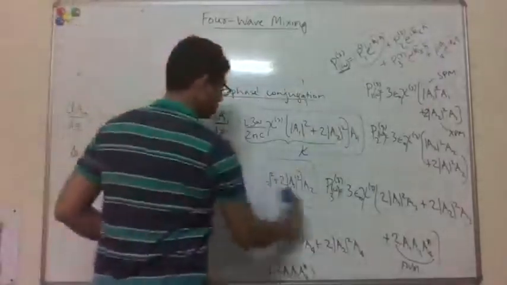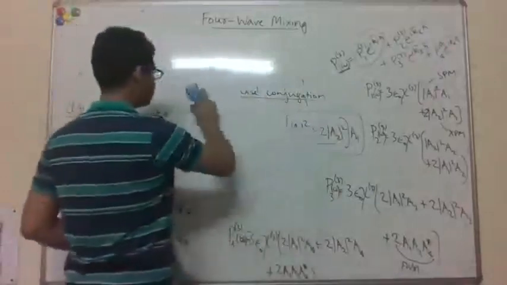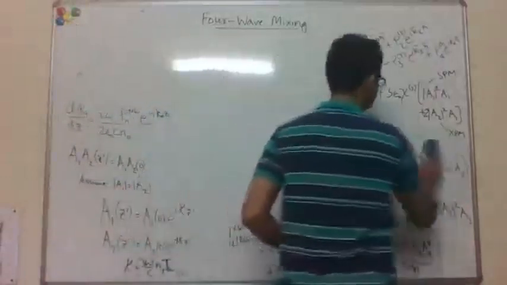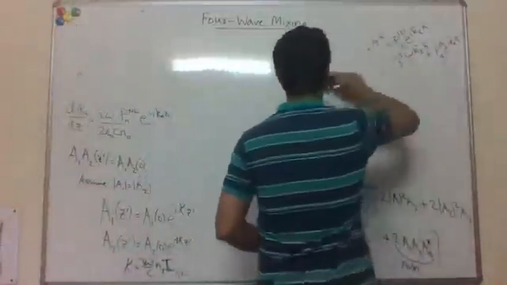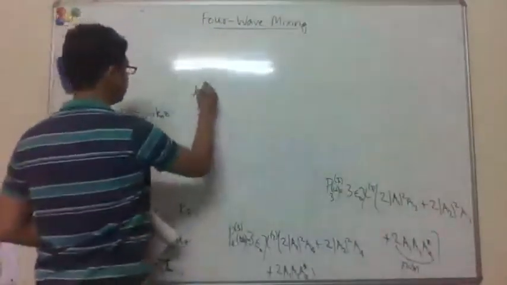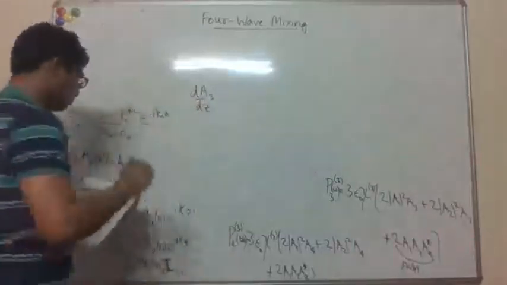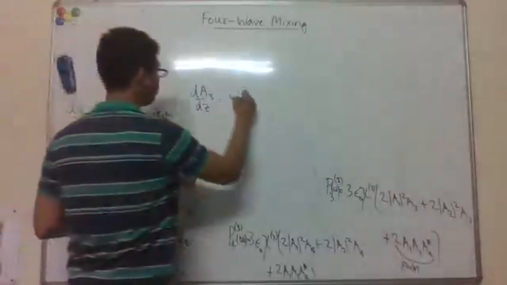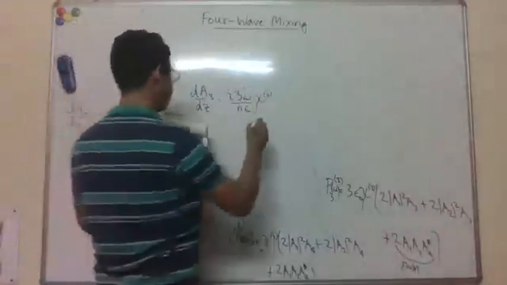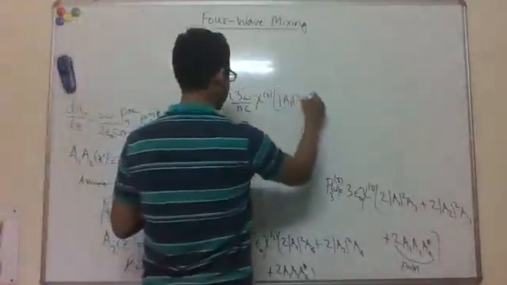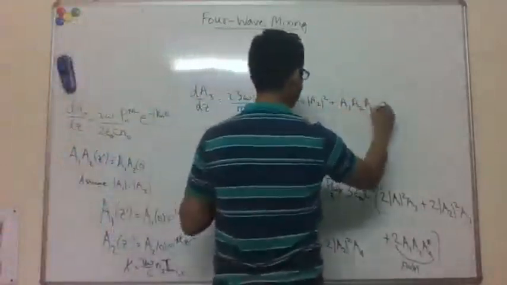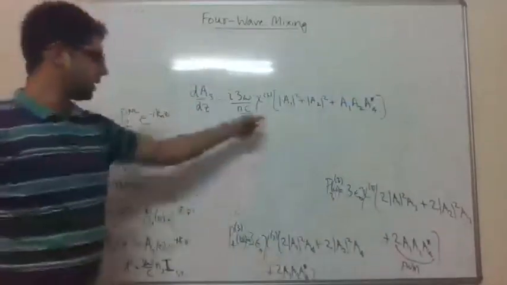Right, so if I write now the equation for 3 and 4, which is like the signal and conjugate. So dA3 by dz, right, I get that.